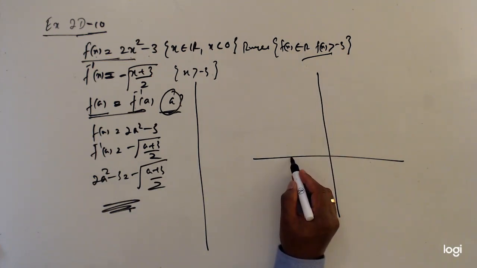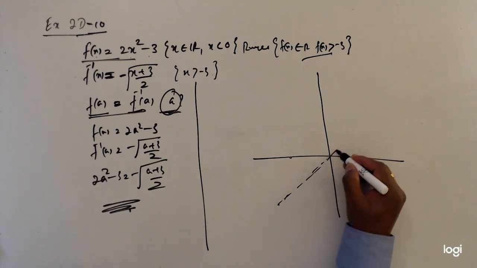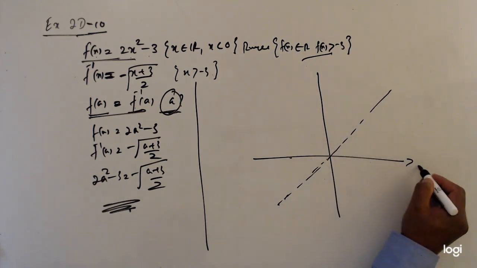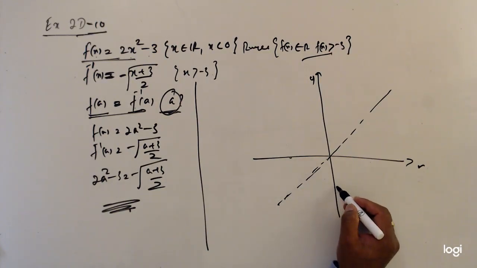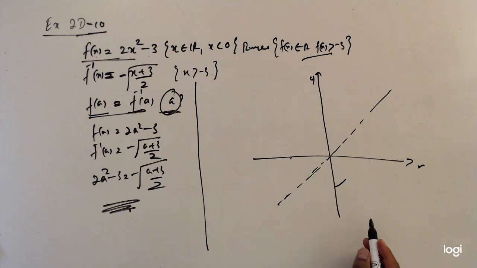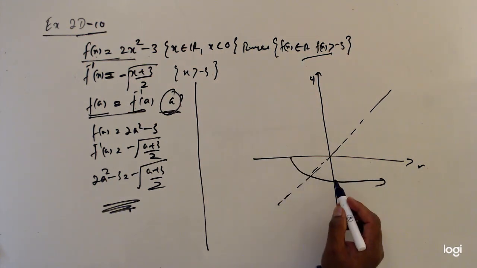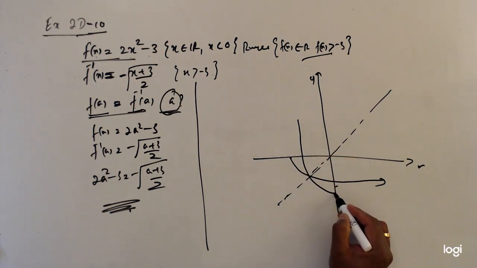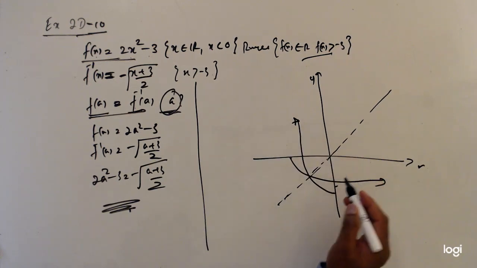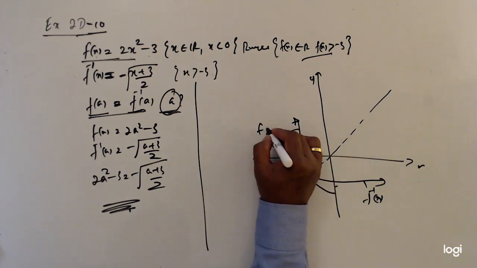this is x, y, and yeah, the graph is like this. Now this is f inverse x, and this is f(x).